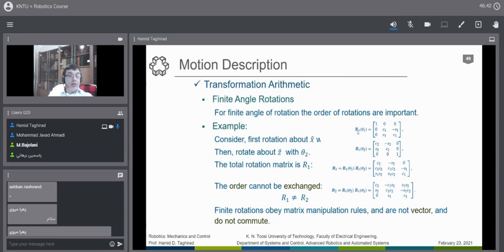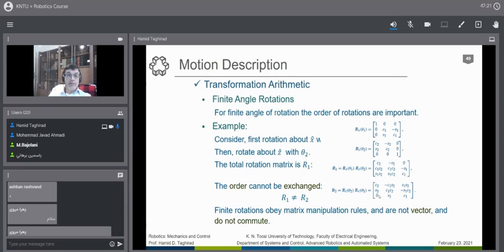Euler angles are not interchangeable. You cannot interchange the way the Euler angles have been measured. This is proven here. Our x to our y gives you this result, but if you change the order as I showed you, it will give another vector. This is 0 here, but this is not 0 here. So finite rotations do not commute.